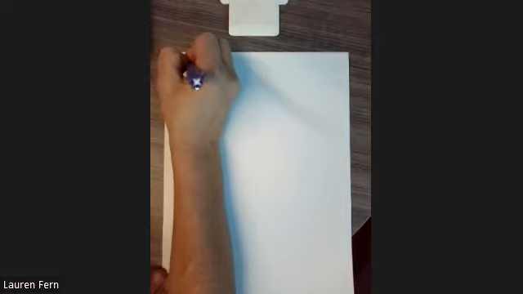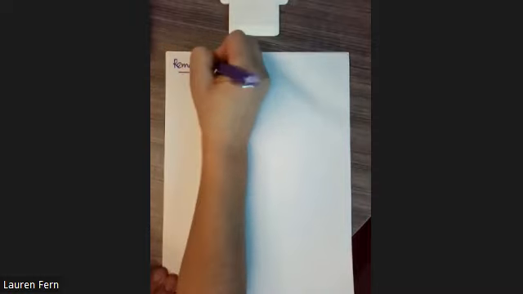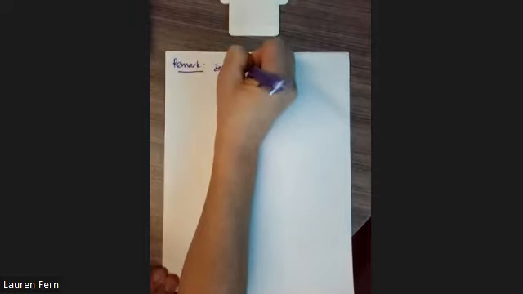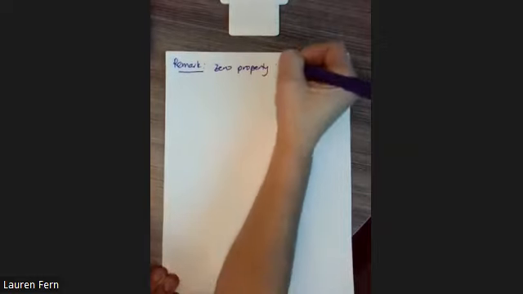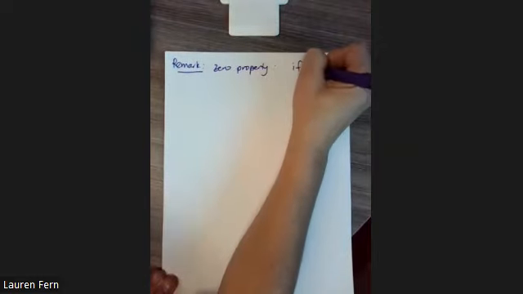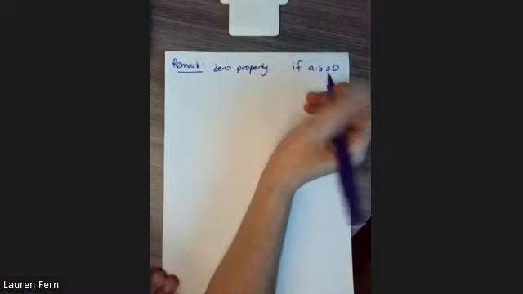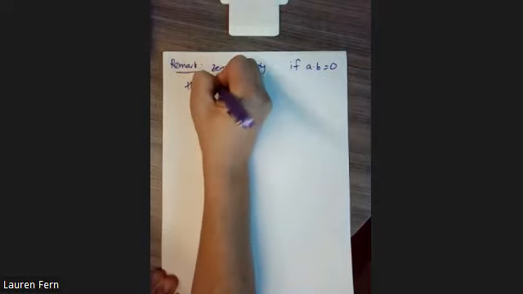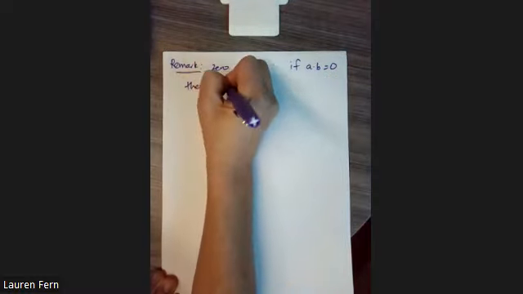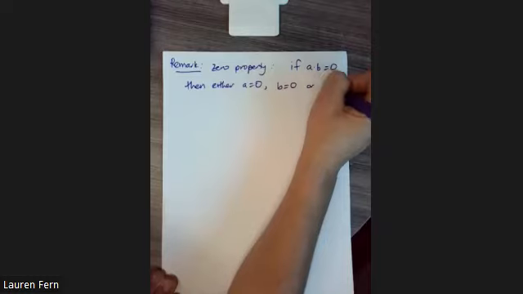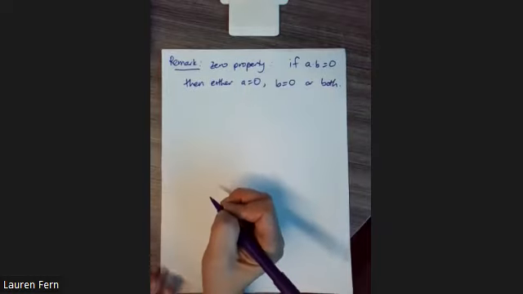Now, one other thing that I want to remind you of is the following. We have our zero property. What that zero property tells us is if you multiply 2 numbers and get 0, then either the first one is 0, the second one is 0, or both are 0.